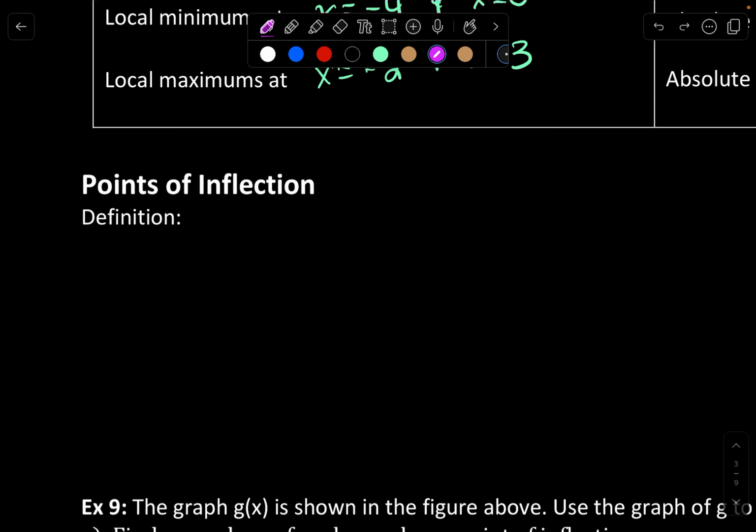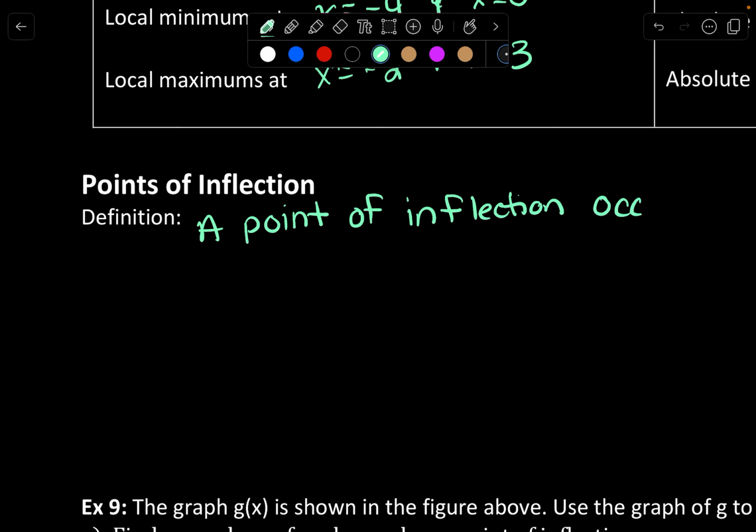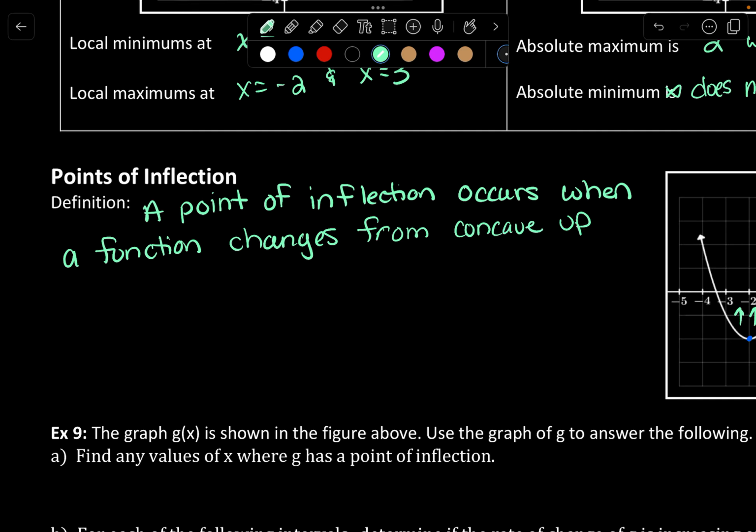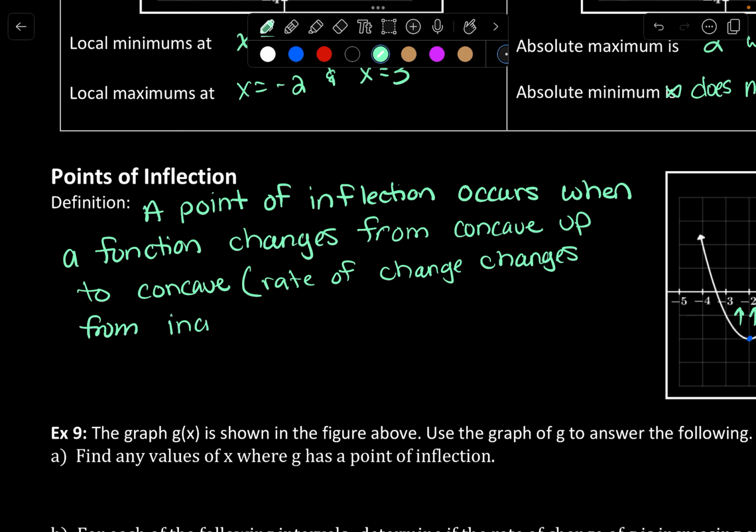So a point of inflection is a point that occurs when a function changes from concave up to concave down, aka the rate of change changes from increasing to decreasing, or vice versa.